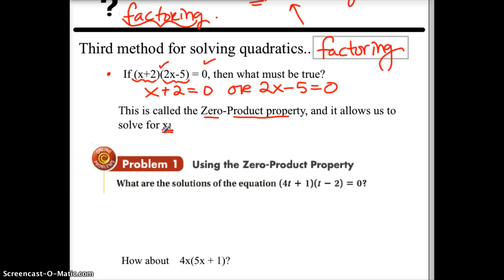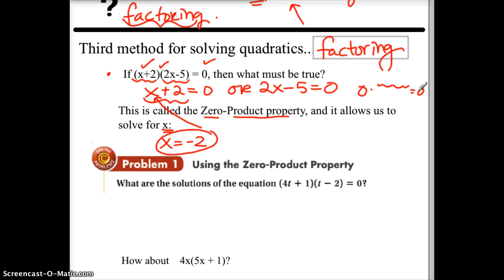And what that allows us to do is figure out what x is. Because if I were to take this equation and solve it, I would say, well, I need to subtract 2 from both sides, and I get x is equal to negative 2. Or equivalently, negative 2 plus 2 is 0. And what that means is I get a 0 in this first part of the product, and it doesn't matter what comes after it. 0 times anything equals 0.